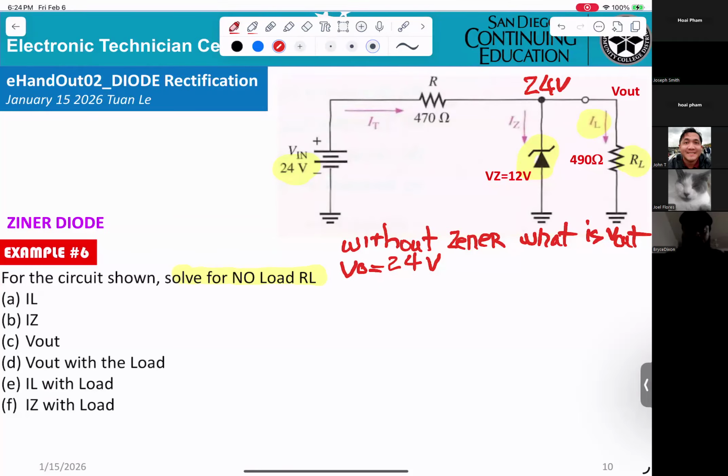Now, yes, then you come up with the zener. Zener breakdown or not? Is there a breakdown down to 12 volts? Perfect. Zener is breakdown, correct?